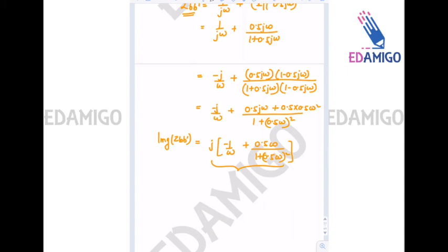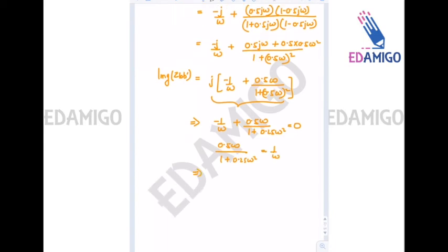Okay, so this implies minus 1 upon omega plus 0.5 omega upon 1 plus 0.25 omega square is equal to 0, or 0.5 omega divided by 1 plus 0.25 omega square is equal to 1 upon omega.